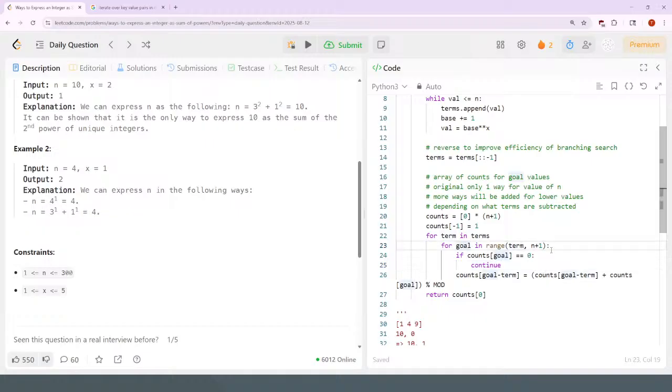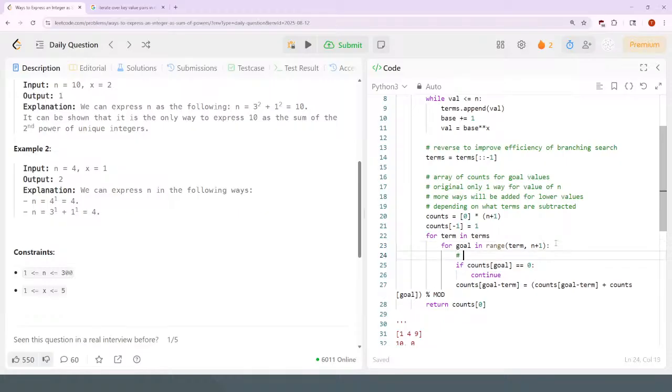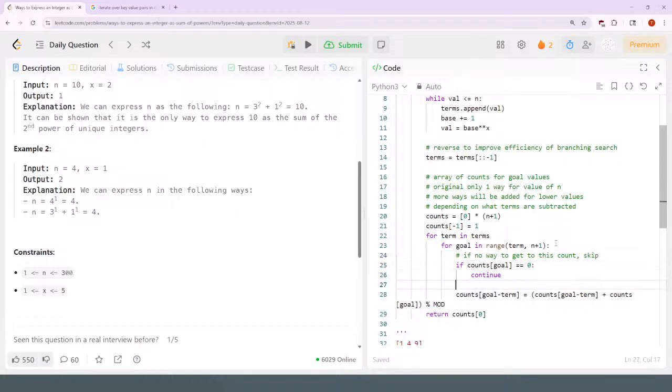So for every goal in my counts array, the count of that goal, if it's 0, there's no way of getting there, so just skip it. Otherwise, increment count of goal minus term.